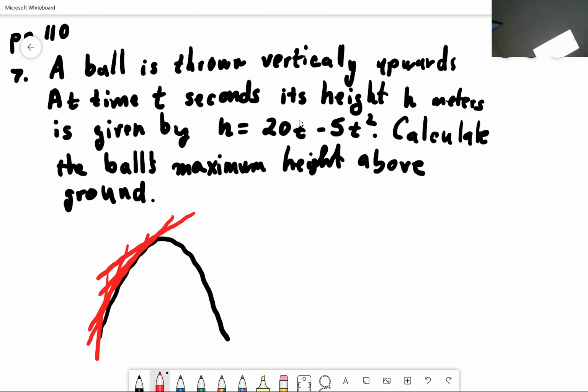Here's the point. Right here, what's the slope of that tangent line? When it's a horizontal line, what's my slope? 0. And so at a maximum or at a minimum, our derivative will register a value of 0. So if we wanted to figure out the maximum height, what do we want to find out when the derivative is equal to 0?